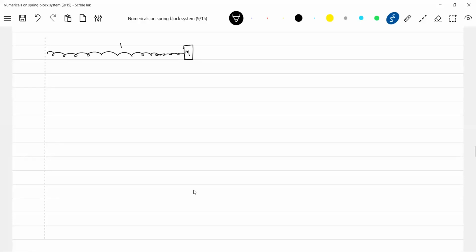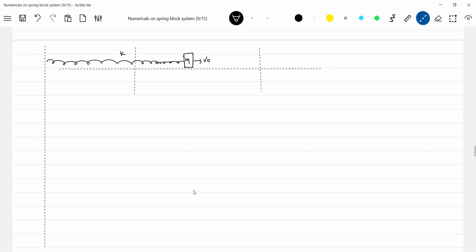So there's a mass M. It is executing SHM. When it is at the mean position, it will have maximum speed V naught, and the amplitude of oscillations is A naught. Let me indicate all. This is the mean position.